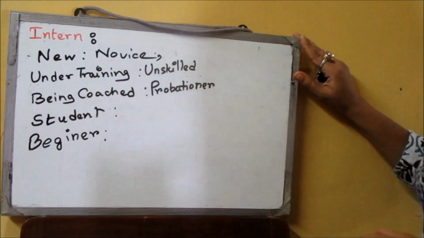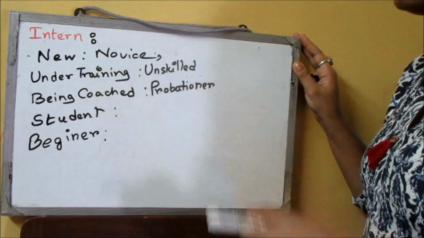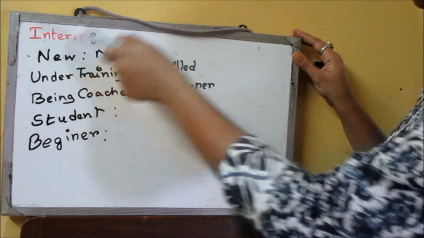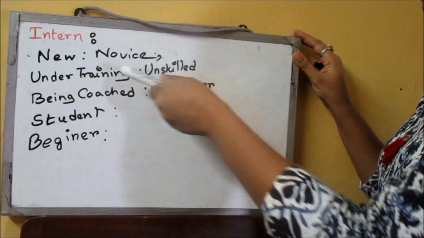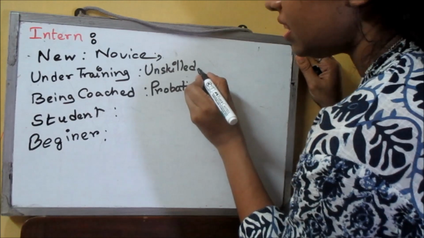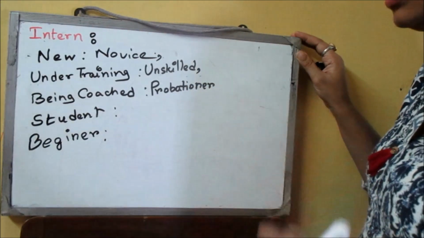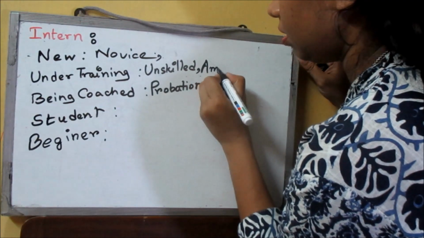Right? So an intern is someone who is new, so he is a novice. An intern is unskilled, he is under training, so he is unskilled. He is not yet a professional, so he is an amateur.